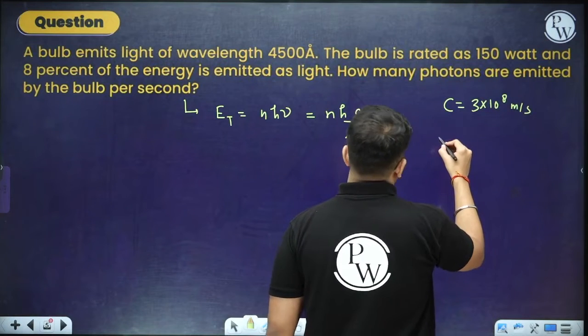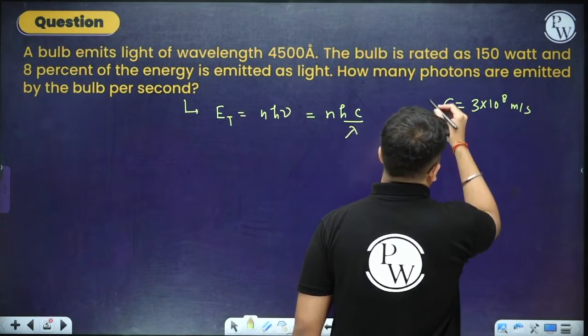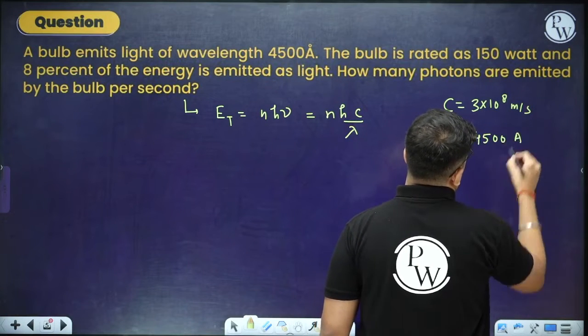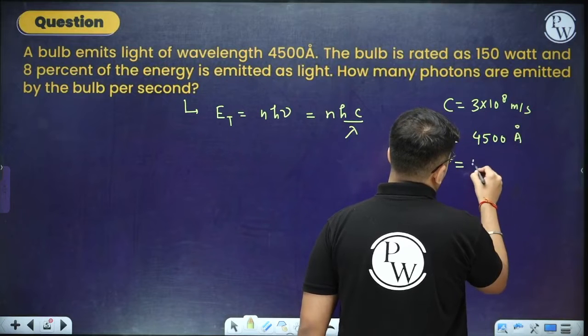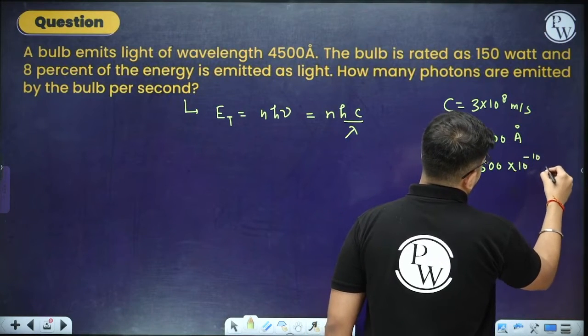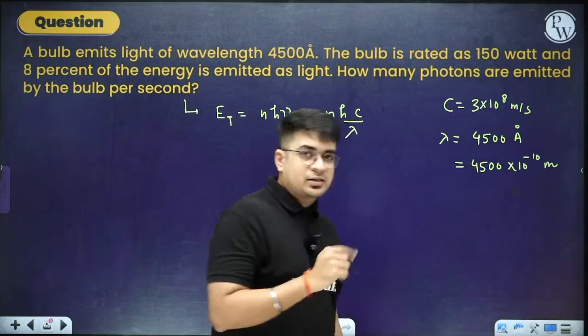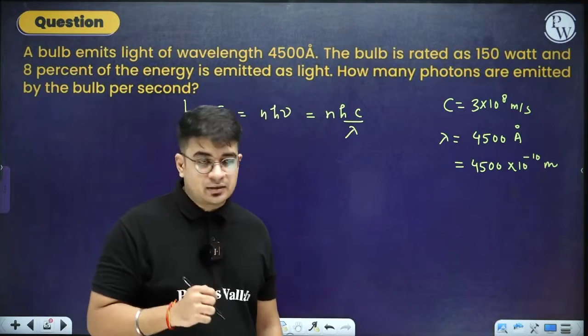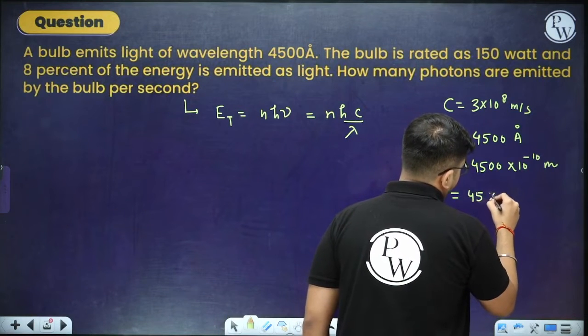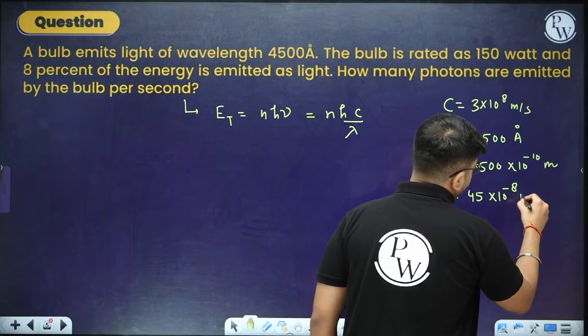The value of lambda is already given, that is 4500 angstrom. So I can convert this as 4500 multiplied by 10 raised to the power minus 10 meters, because 1 angstrom is equal to 10 raised to the power minus 10 meters. So we have the value 45 multiplied by 10 raised to the power minus 8 meters.